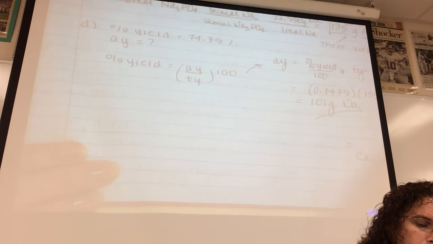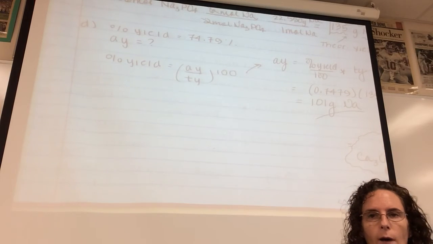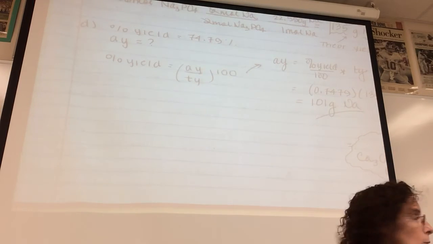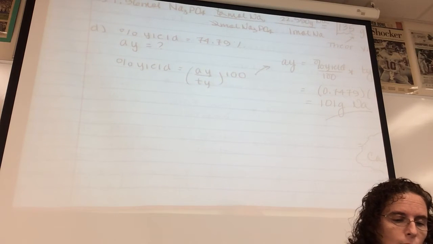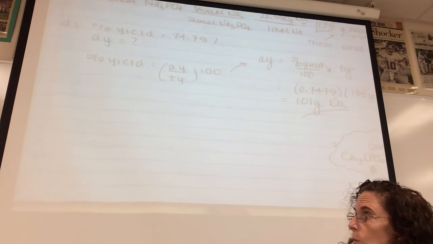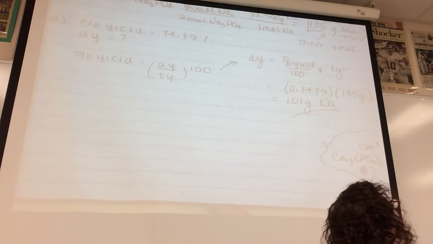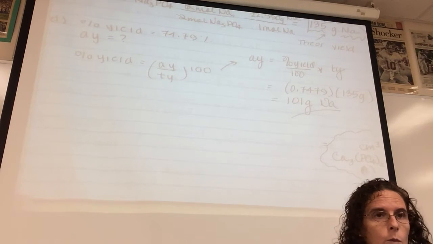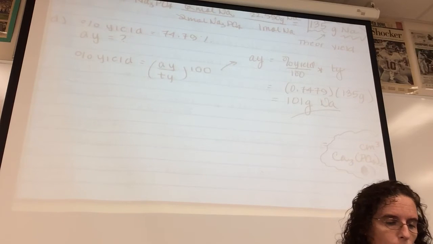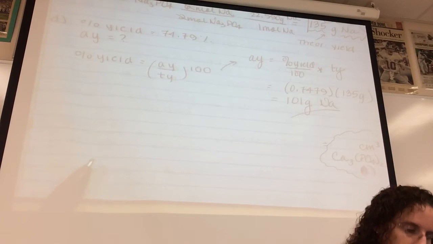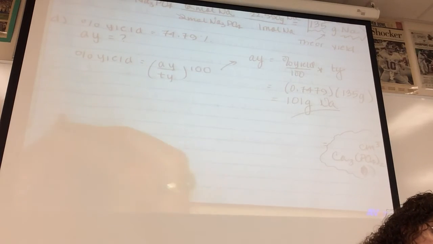That's what we're solving for. And if it's the theoretical volume, what are we going to start with? Whenever you figure out theoretical yield, whether it's a mass or a volume, you always, always, always use the limiting reagent. So we're going to start exactly where we did previously.